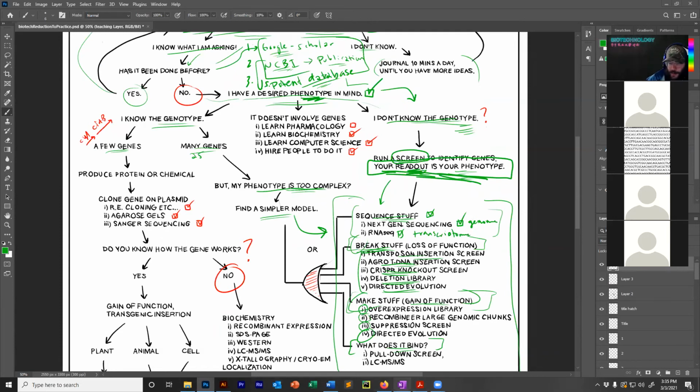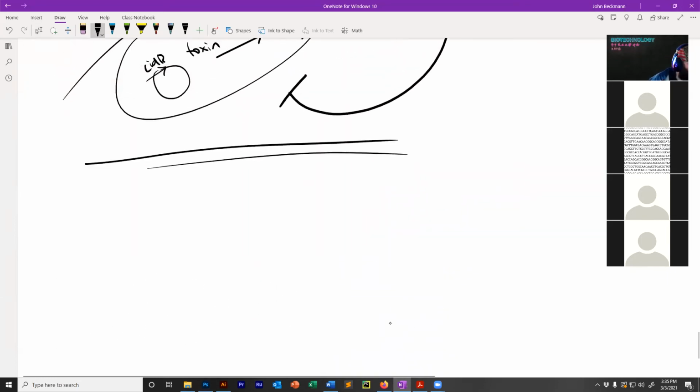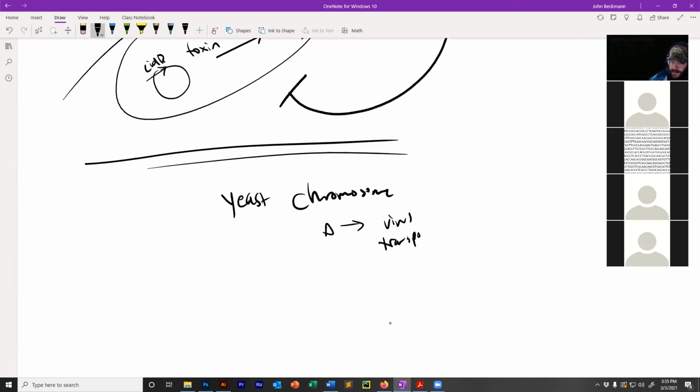I mean, it depends on your ambitions, right? There's people who are literally rewriting, and this is actually funny for the last lecture, there are people who are quote unquote intelligently designing the yeast chromosome. Yeast is such a well-loved eukaryotic experimental system that there are people taking the yeast chromosome and deleting all the things from it that make it inconvenient, like virus genes and transposons, essentially getting rid of all the trash.